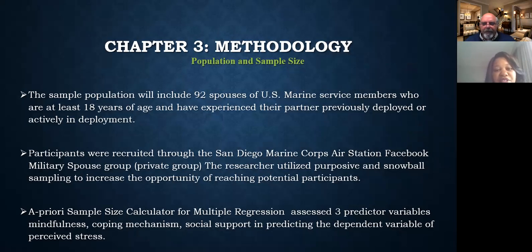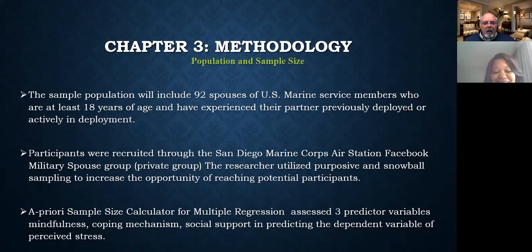Okay. So I actually got this question the first time I defended it. The a priori sample size calculator said I had to have at least 80 for it to be valid. So is it okay for me to talk about the sample size being 80, but I got 92 spouses?